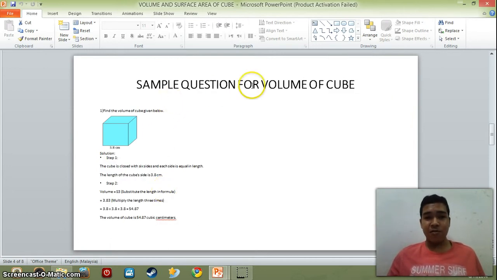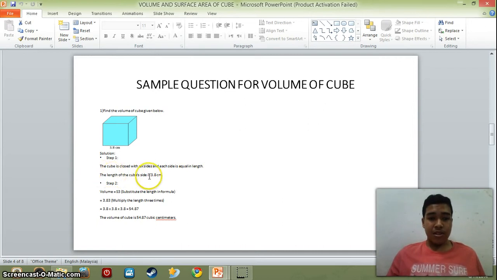Next is the sample question for the volume of a cube. The first question is to find the volume of the cube given below. This is the cube and the side is 3.8 centimeters. So to find the solution, the first step is that the cube is closed with 6 sides and each side is equal in length.